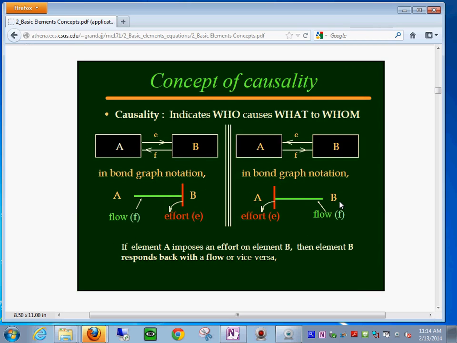Now, let's talk about this interaction between the two elements. The interaction between the two elements always occurs through these two variables, the effort and the flow variable.